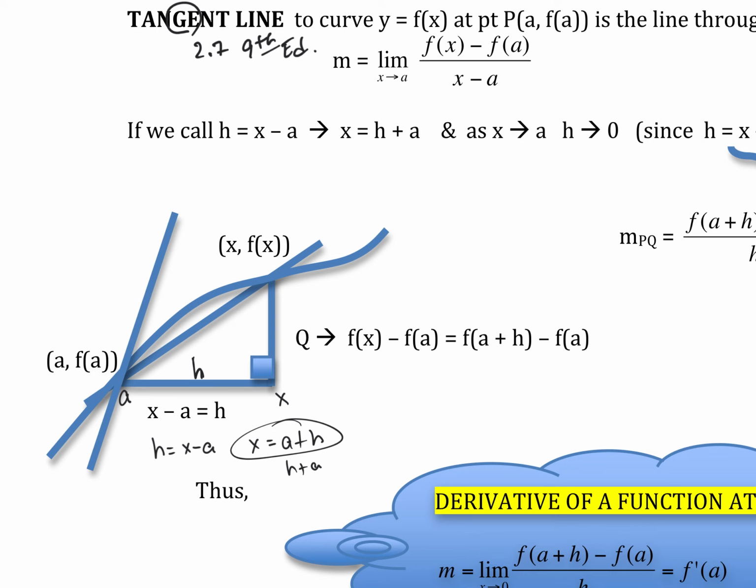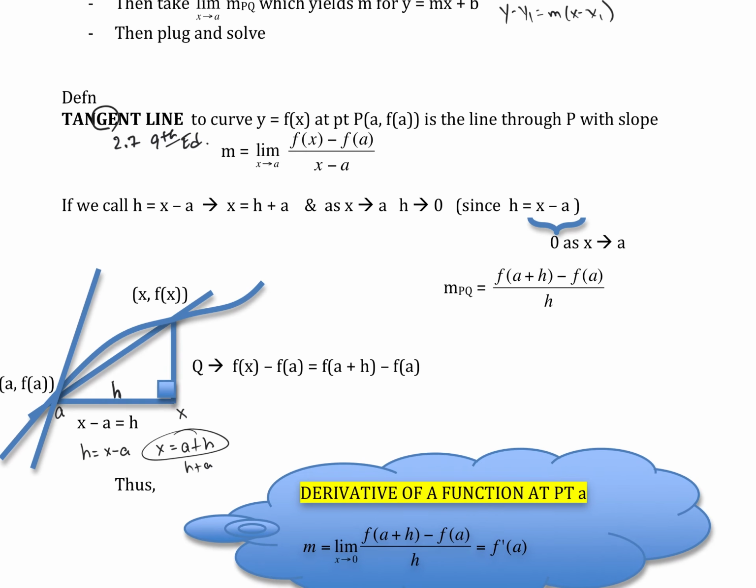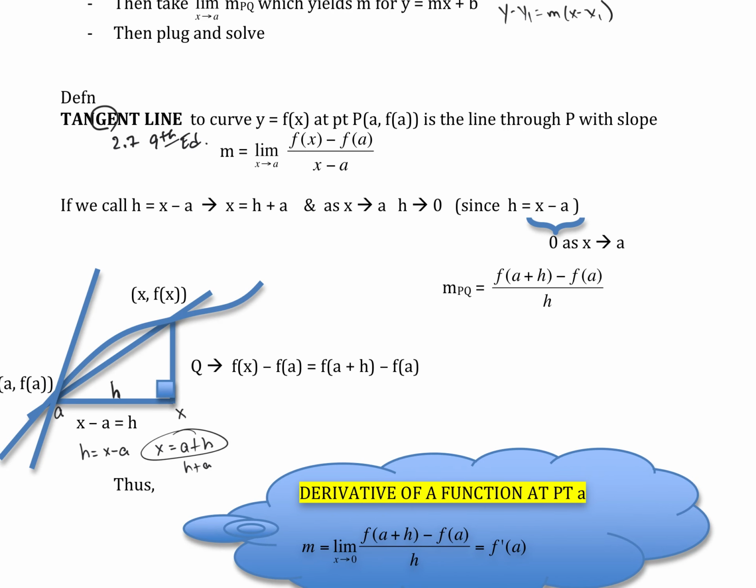So this distance I called h, and I put this above so you could see x is a plus h, or h plus a. Let's scroll this down so we can see the rest of it. That tells me that as x goes to this a value, h will go to 0. Do you understand what I'm saying by that?